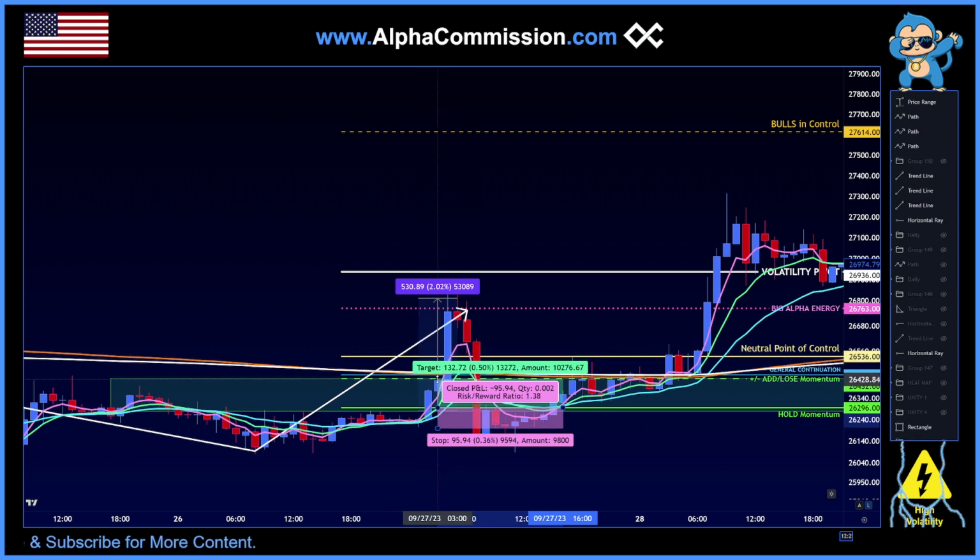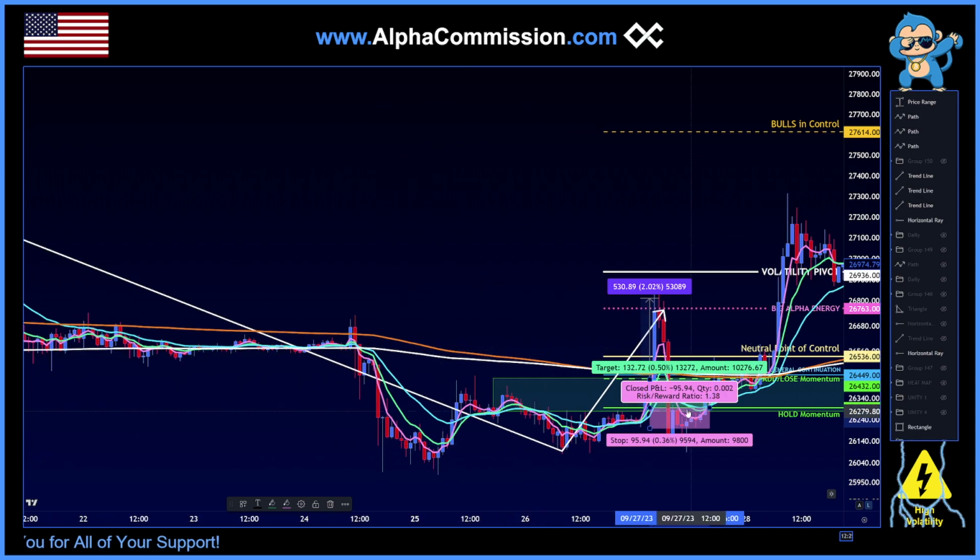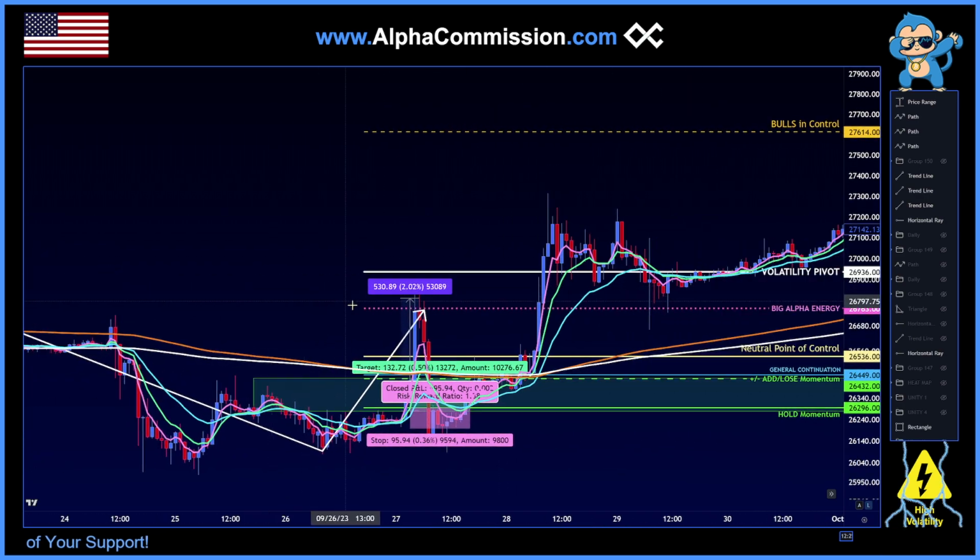And then, just across the pool, you can say, that's not a play that I want to take. Like, this isn't a good risk to reward for me to be targeting the other side of the pool. I'm going to skip this trade, and you would be perfectly justified in doing that. But if what you wanted to do was target this big alpha energy level, or you had a thesis that we were going to have some type of turnaround in the market, you might be targeting different levels.